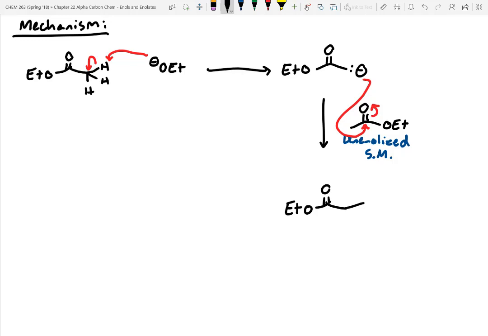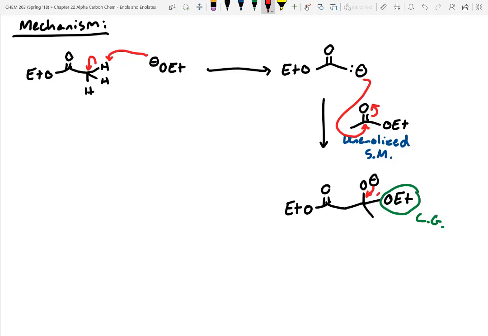And now when you've done this part, you've got an oxygen with a negative charge, got an ethoxy group, and what do you think the last step is going to be? Attack by itself. Yeah, you've got a leaving group here.